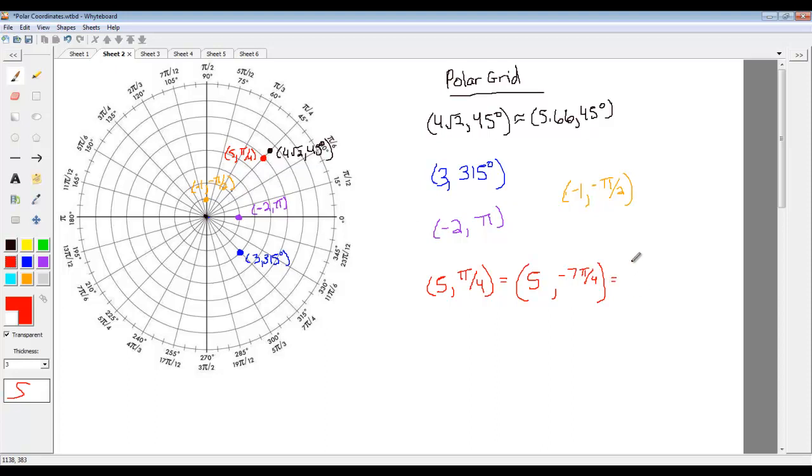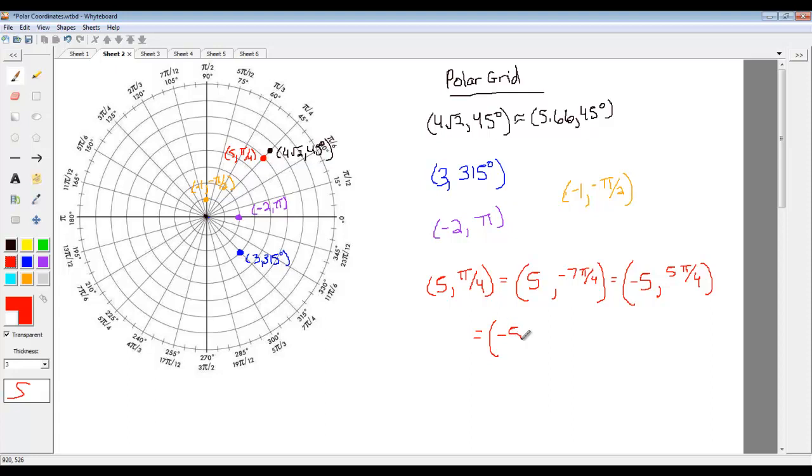Or, what if we wanted to use -5 as our coordinate? Well, we would need to be along this line here. If we went around to 5 pi over 4 right here, and went -5, we'd have to go the opposite direction, and end up here. So that's another way to express the same location.